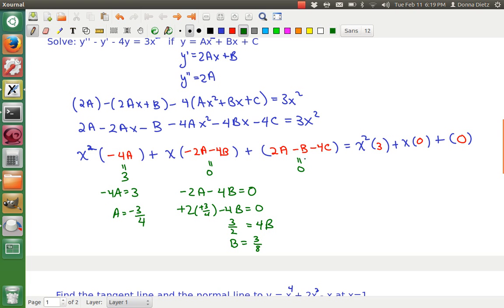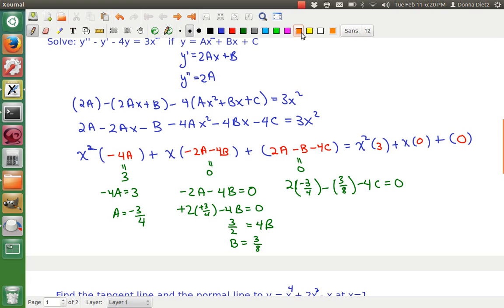Right, and then we need to find c. So we have 2a minus b minus 4c equals 0. It looks like a mess, but it's really not that bad because we actually have a and b already. Let's say I don't like fractions because I hate fractions. We all do, right? I'm just going to multiply everything by 8.